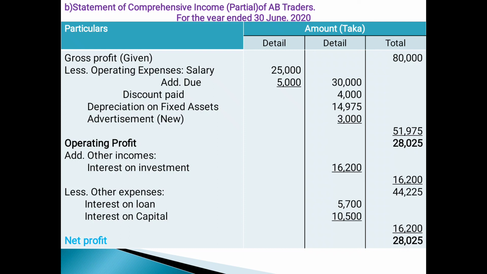Interest on capital from adjustment, you can get it, 10,500. Total amount of other expenses is Taka 16,200. So now net profit is Taka 28,025. Dear students, this is the statement of comprehensive income, that is partial. I think you have completed this statement and you have understood.